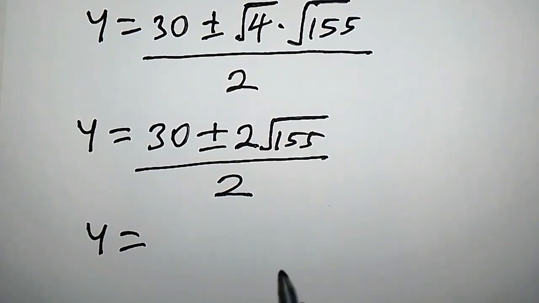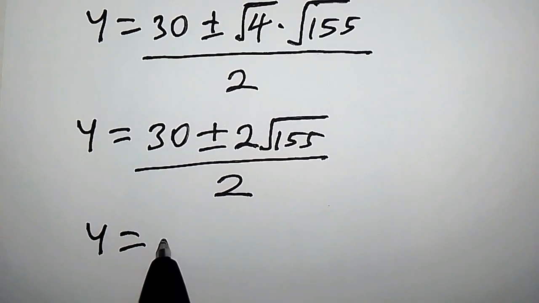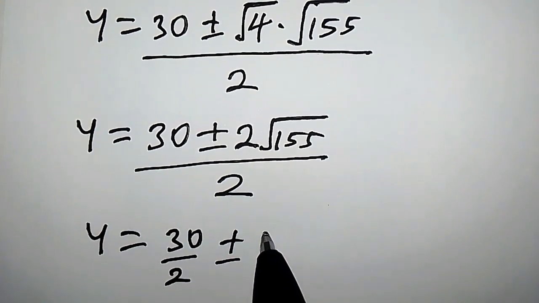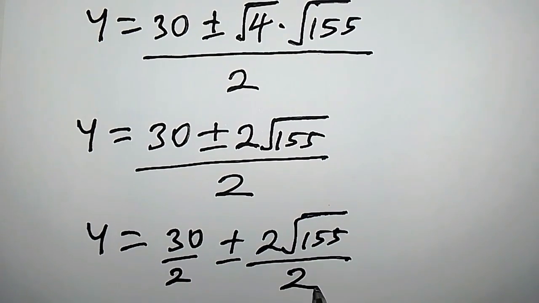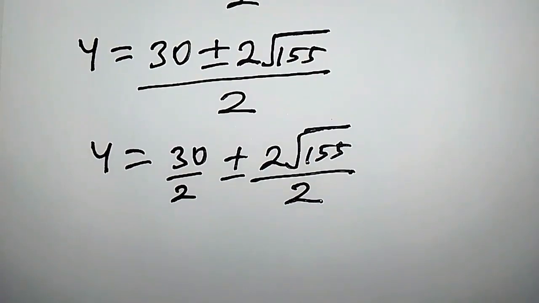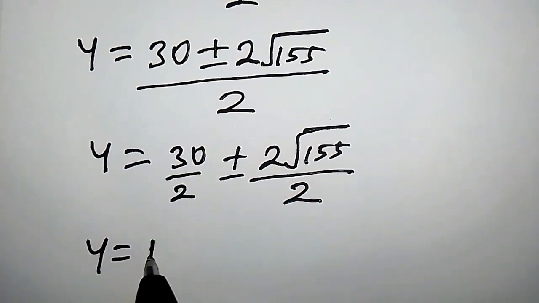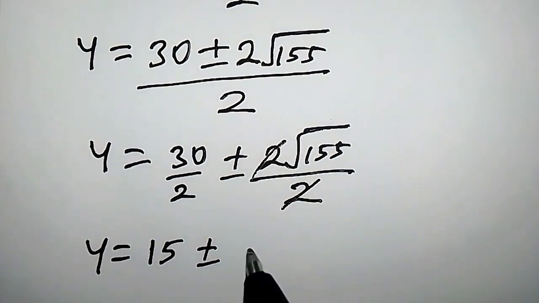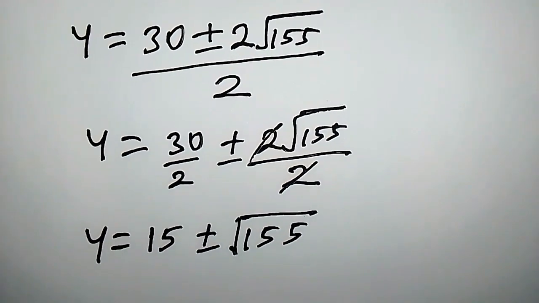You will see that this right hand side could be written as 30 divided by 2 plus or minus 2 root 155 divided by 2. y equals 30 divided by 2, that is simply 15, plus or minus, 2 cancels 2, we are left with root 155.